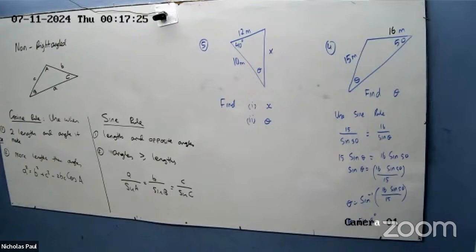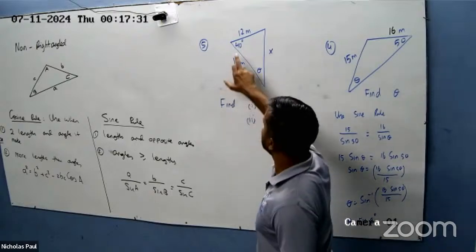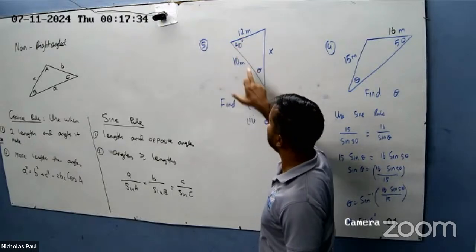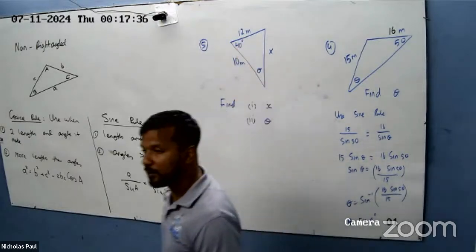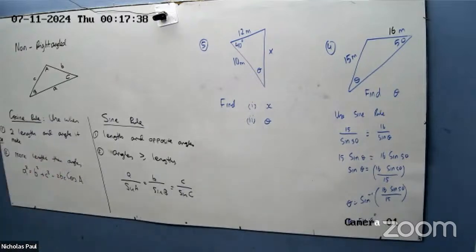Plus you have the length and the opposite angle. See enough? Length, opposite angle, length. Right. So you're using cosine that side. Right? Go ahead.